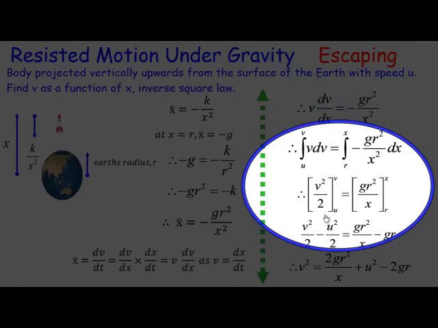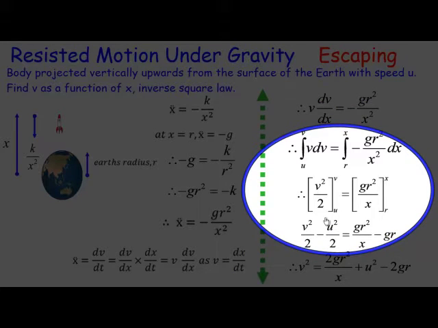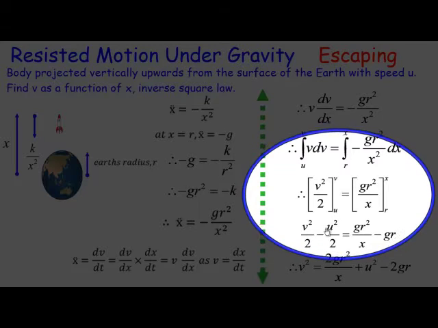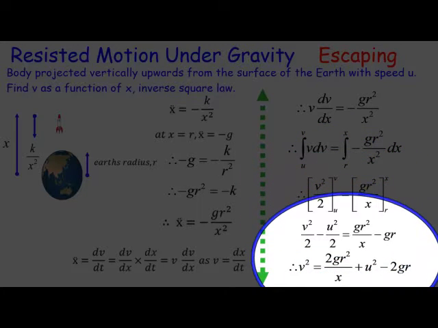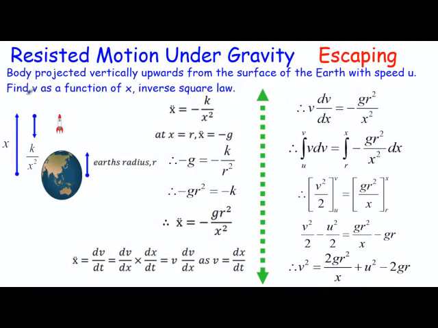If we integrate these expressions, we get v squared on 2 and gR squared on x, and we substitute in the bounds, and we'll end up getting this expression here for v squared: v squared is equal to 2gR squared all over x plus u squared minus 2gR. Okay, so let's move on.